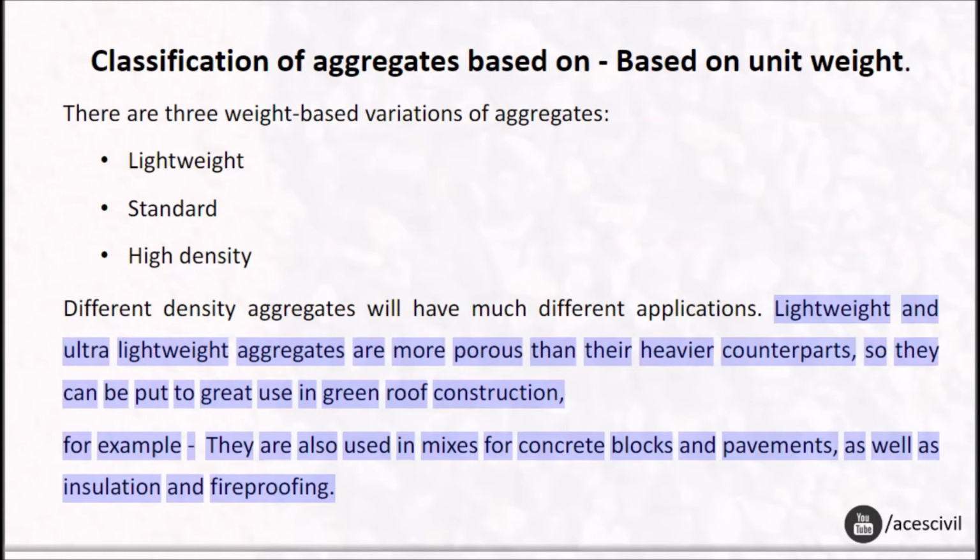Lightweight and ultra-lightweight aggregates are more porous than their heavier counterparts, so they can be put to great use in green roof construction, for example. They are also used in mixes for concrete blocks and pavements, as well as insulation and fireproofing.